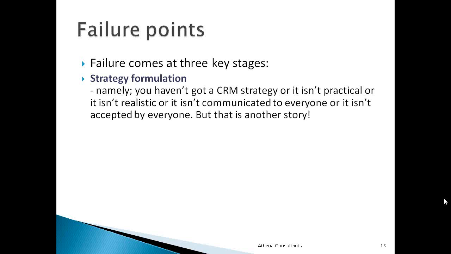Or they've got one that's not realistic. They don't talk enough to people about it, or they just impose a strategy and people don't accept it. But that's not what we're here for today. Well, it's a huge area of failure. That's not what we're here for.